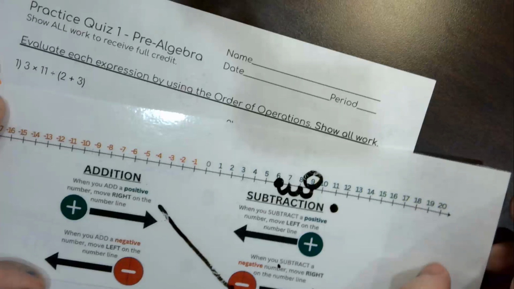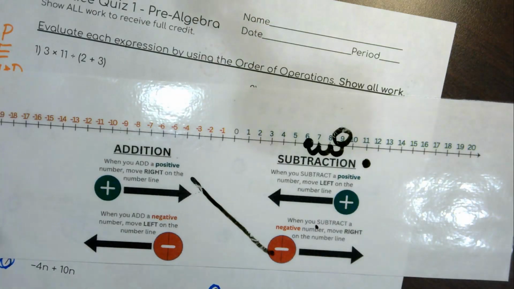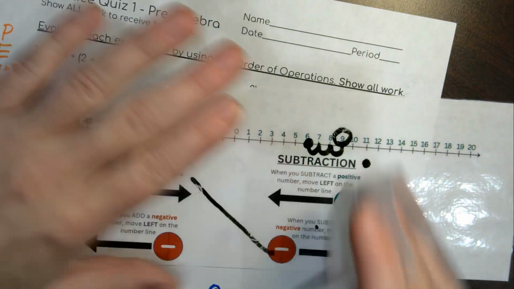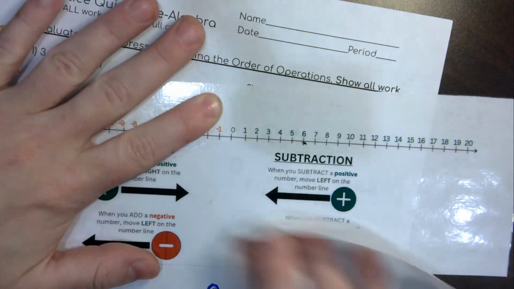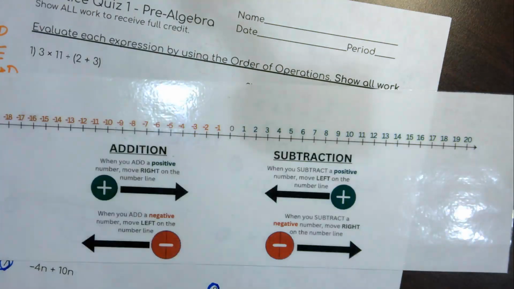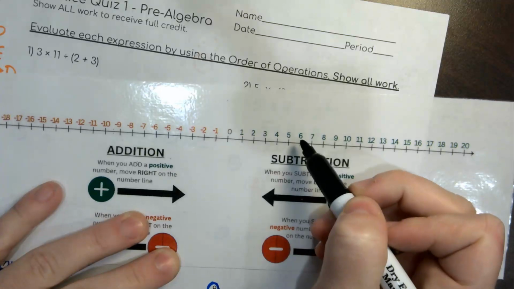Okay. Now, if we want to see how that works on a number line, you can see the other class asked the same question. I'll erase this real quick. So what we're doing here is we're starting at 6. So this is our starting point right here.